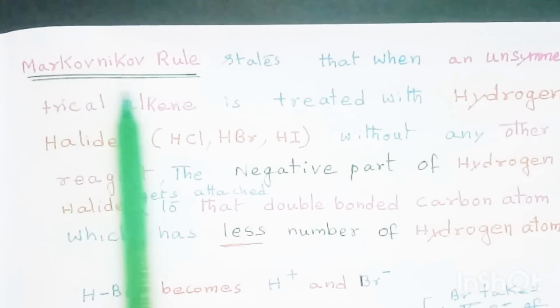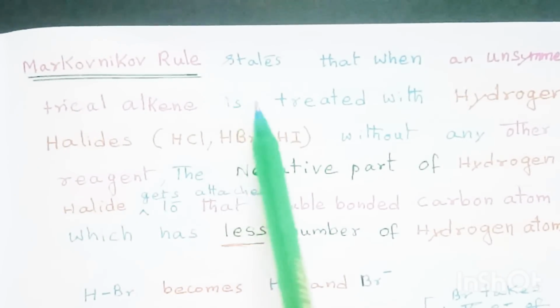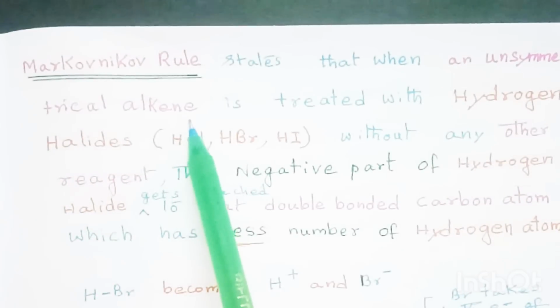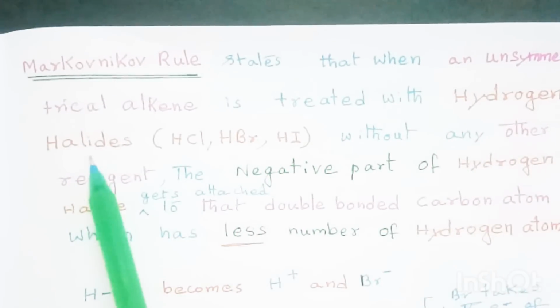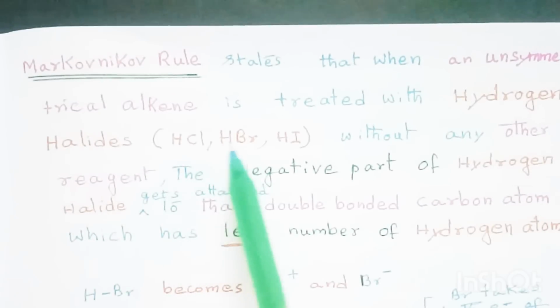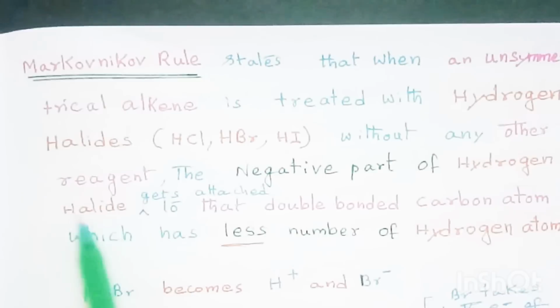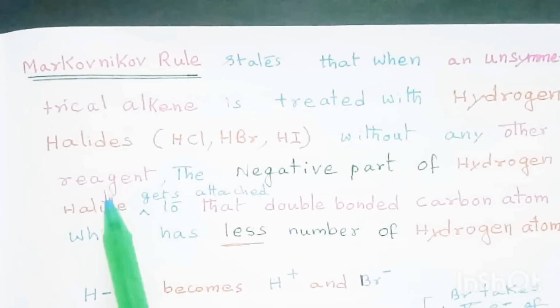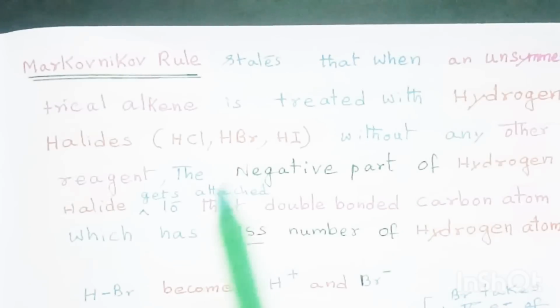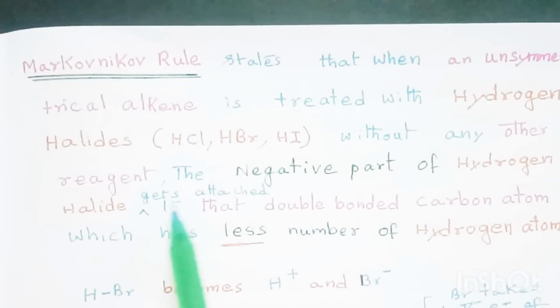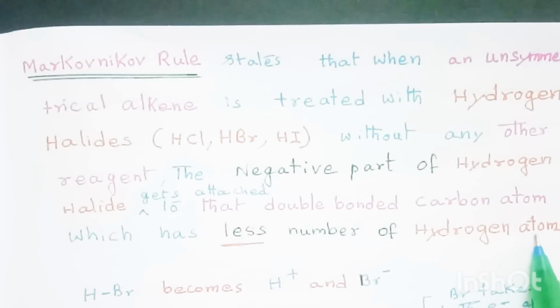Let's see Markovnikov rule. Markovnikov rule states that when an unsymmetrical alkene is treated with hydrogen halide, that is HCl, HBr or HI, without any other reagent, this is very important, without any other reagent, the negative part of the hydrogen halide gets attached to the double bonded carbon atom with less number of hydrogen atoms.